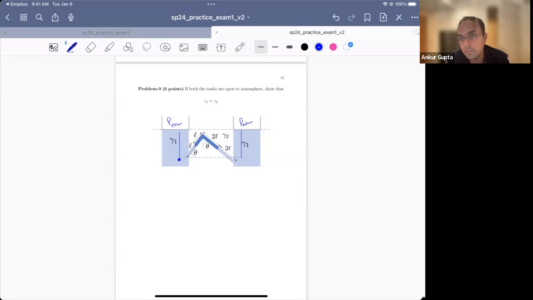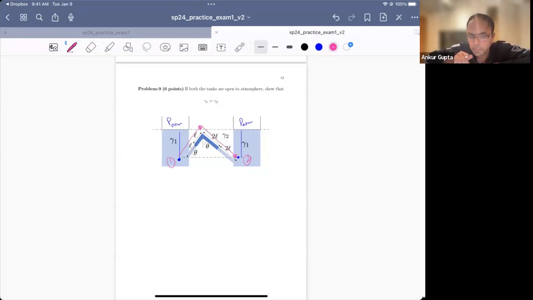And we have essentially been asked to show how to get gamma 1 is equal to gamma 2. So if I label this point as 1 and this as 2, you really have to show that the pressure decrease as I'm going up here is equal to the pressure increase here. So that's essentially the idea.